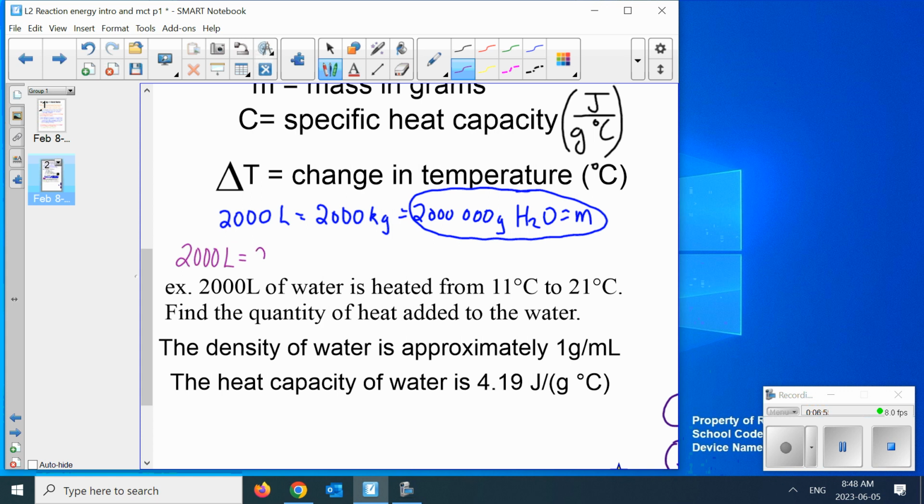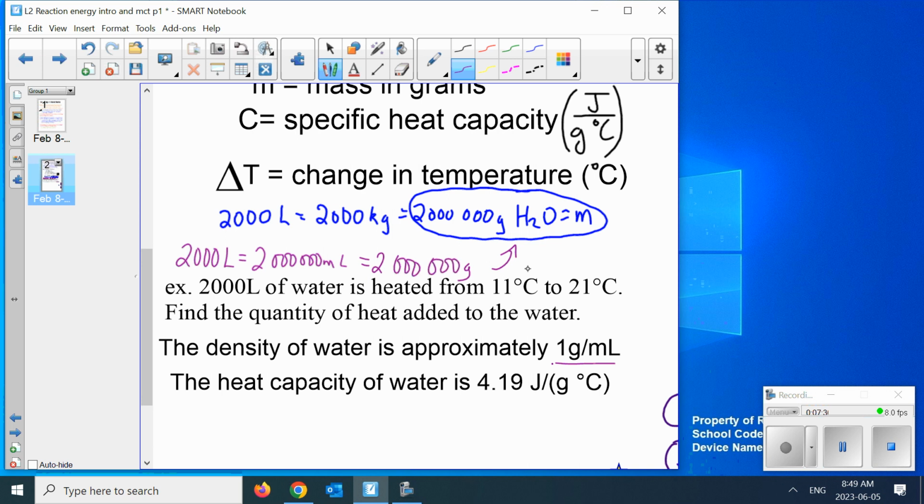Multiplied by 1,000, that's 2 million. 2 million milliliters at 1 gram per mil, that's pretty easy. That's 2 million grams. That's another way. Okay. This may be more direct.